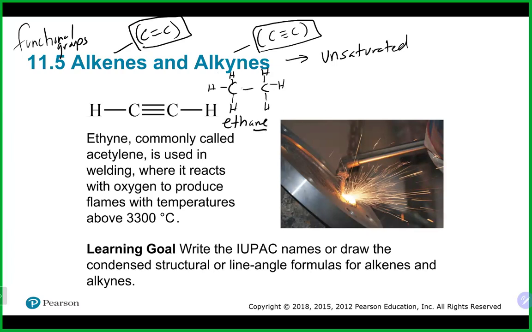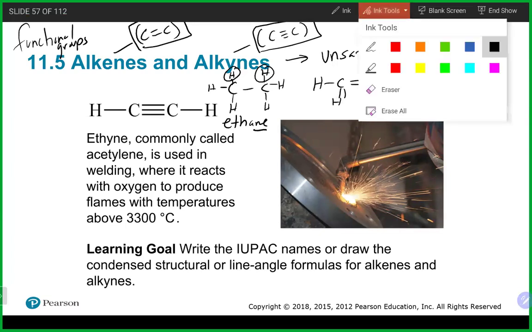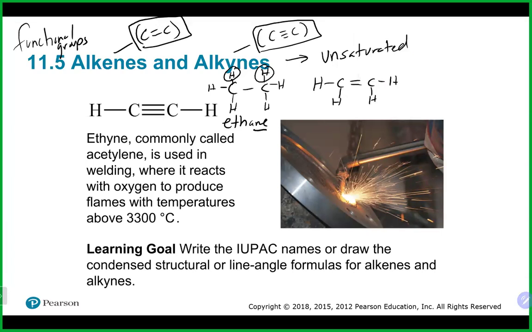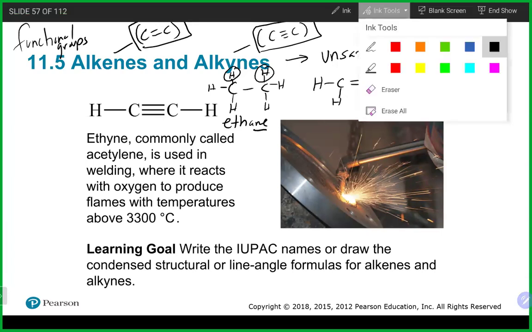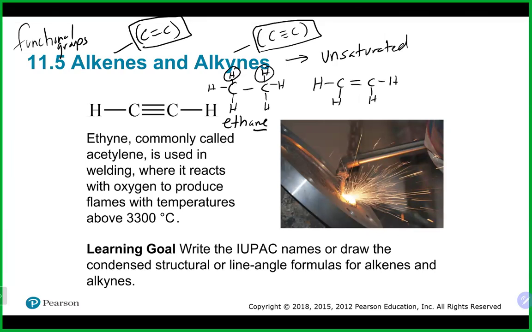Now, if I slap a double bond in the middle there, I have to get rid of a couple of hydrogens, or I have too many bonds, and that's going to give me something that looks like this. That still has 2 carbons, and it's based off of ethane, but it has a double bond.